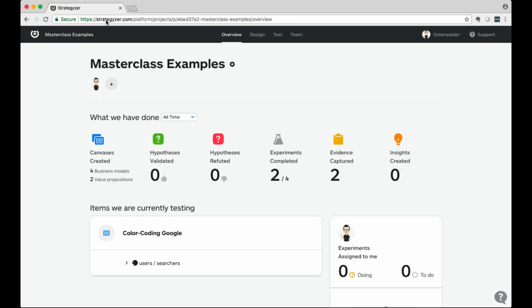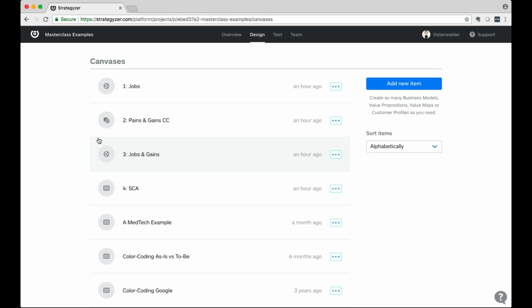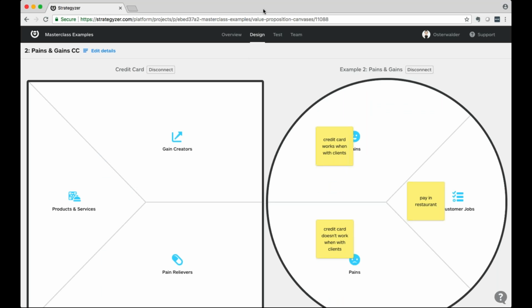Okay, so let me switch to a slightly different example here. Another thing that I prepared. Okay, this one, understanding pains and gains. So often people ask, well, Alex, isn't pains and gains just the opposite side of the coin?